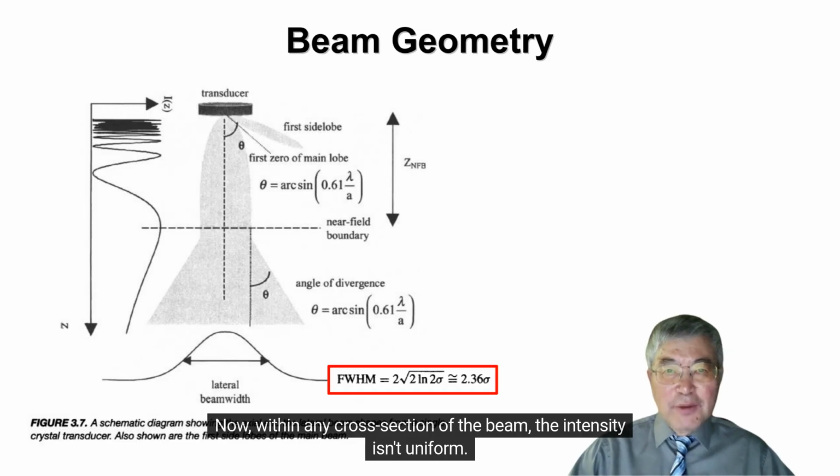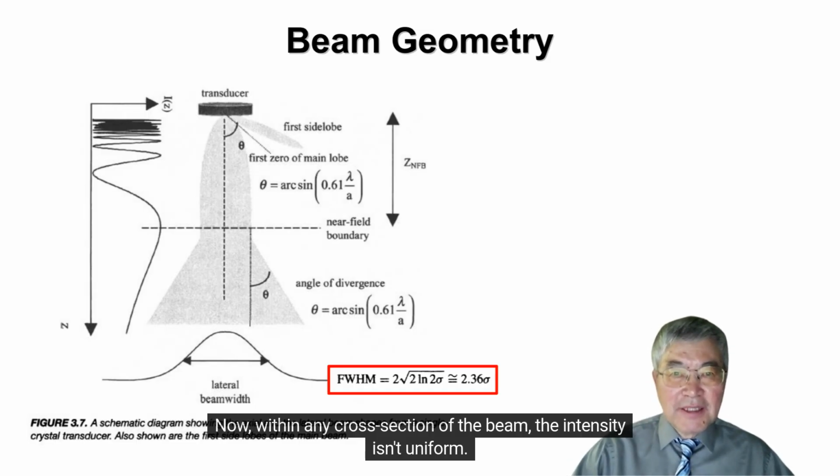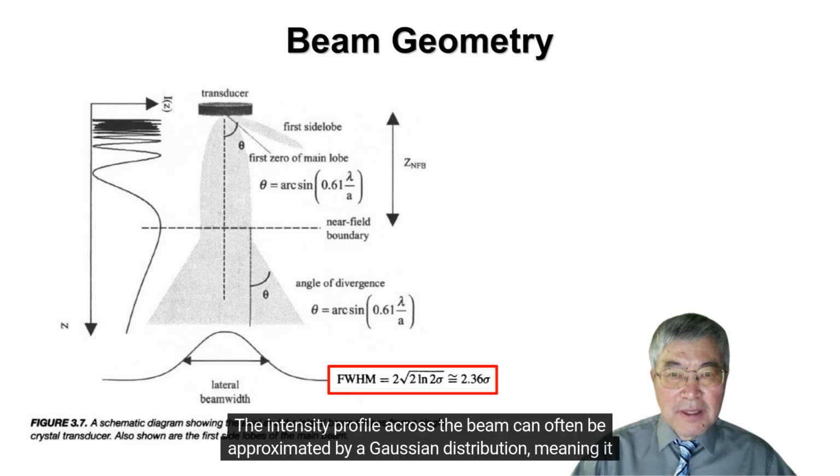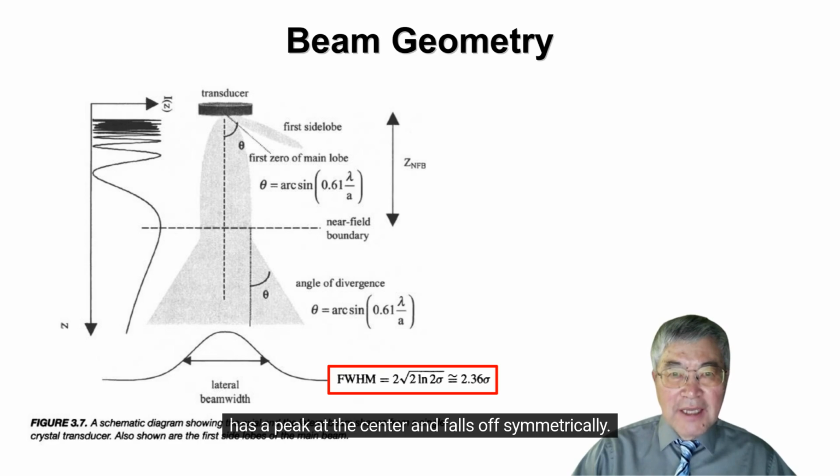Now, within any cross-section of the beam, the intensity isn't uniform. Along the central axis, the signal is strongest, and as you move away to the sides, the intensity decreases. The intensity profile across the beam can often be approximated by a Gaussian distribution, meaning it has a peak at the center and falls off symmetrically.